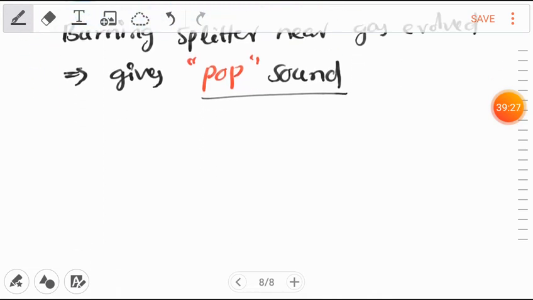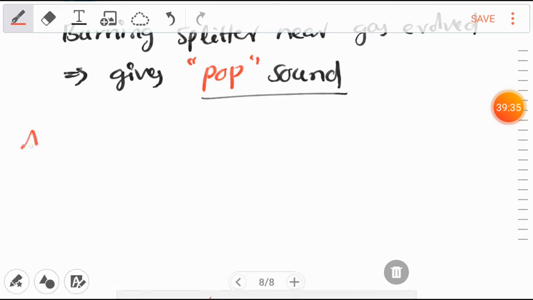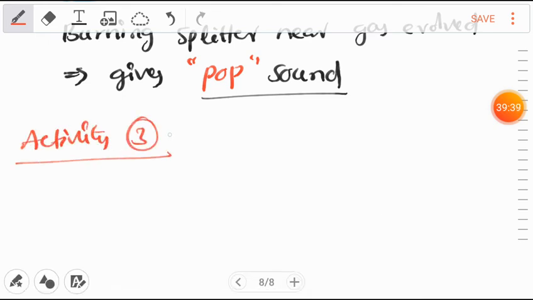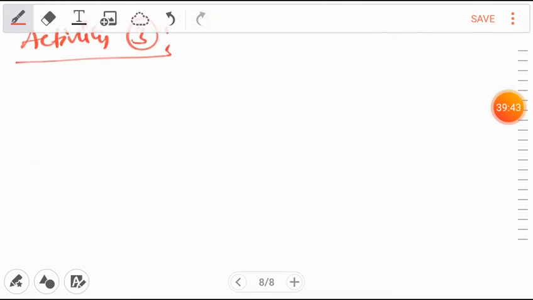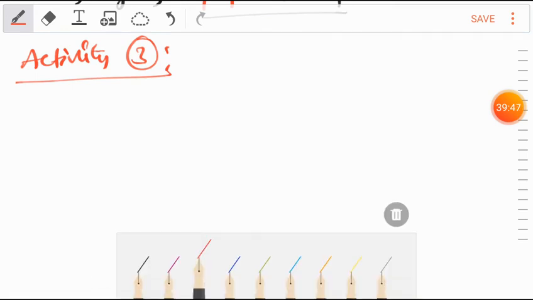So this is activity 2 and activity 3. In activity 3, what are you going to take? We will see the same test with a base.